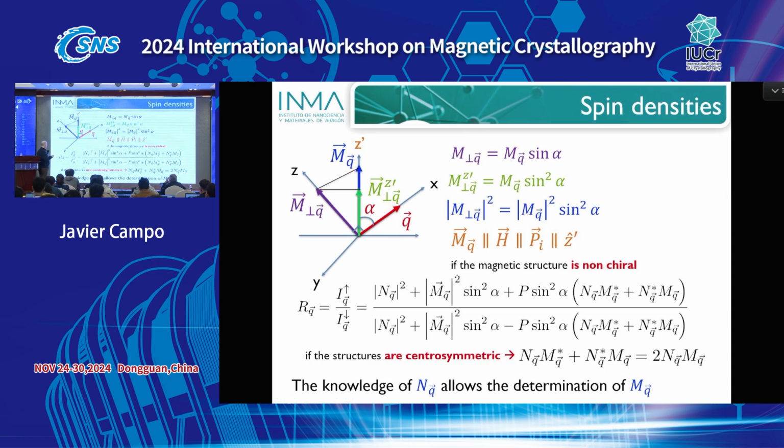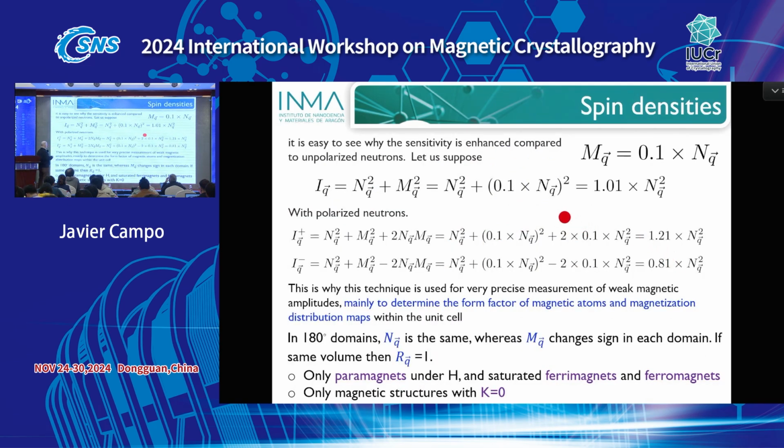Here, the only thing is that we need to polarize our beam parallel to the vertical direction in which, for example, we will put the magnetic field, and by using the flipping ratio, we can determine this. The use of polarized neutrons is interesting because if you imagine that your magnetic structure factor is 0.1 times the nuclear structure factor.